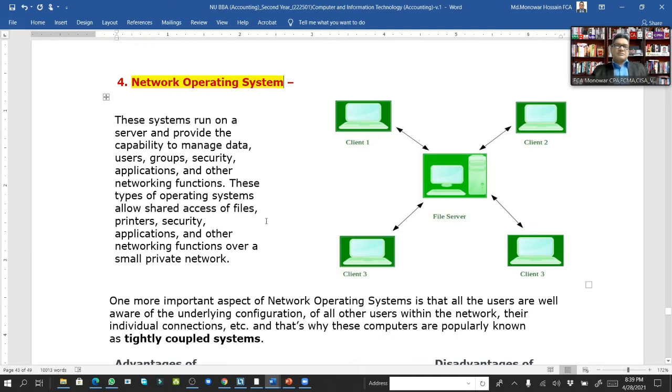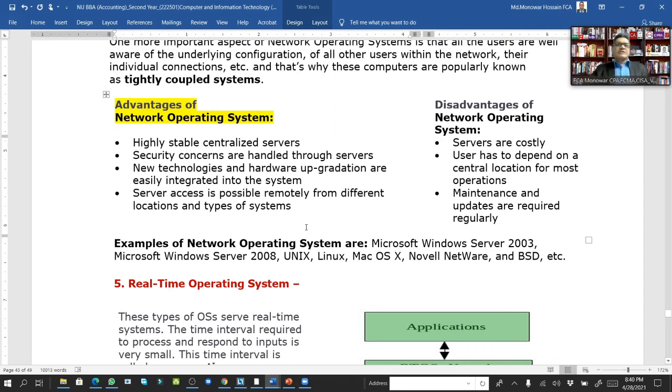Here is a file server, and client 1, client 2, client 3, client 4 are all using that file server. The advantages of a network operating system are a highly stable centralized server, security concerns are handled through servers, new technologies and hardware upgrades are easily integrated into the system, and server access is possible remotely from different locations and types of systems.